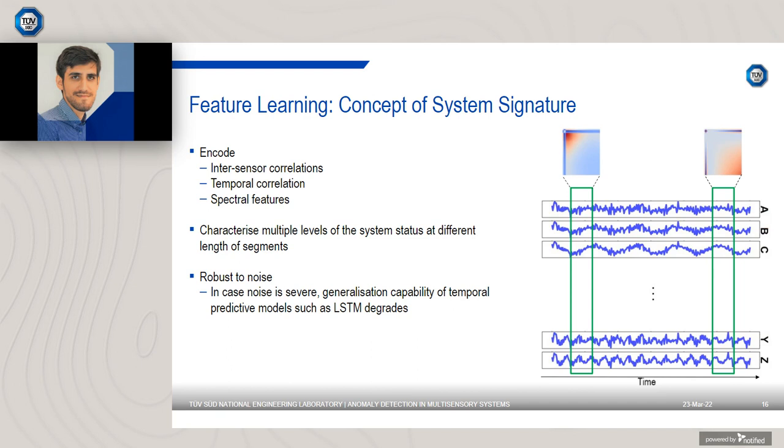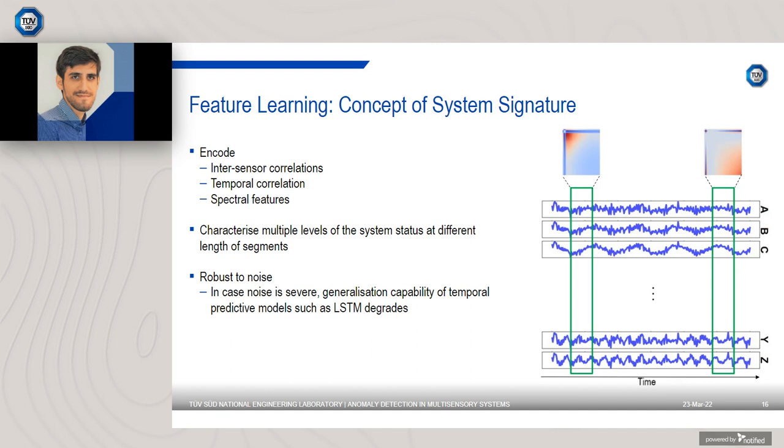We can extract different information from the data based on the window of time, the amount of time we look at the data. In the context of anomaly detection, with signatures we extract different levels of the system status to indicate the severity of different abnormal or normal incidents.